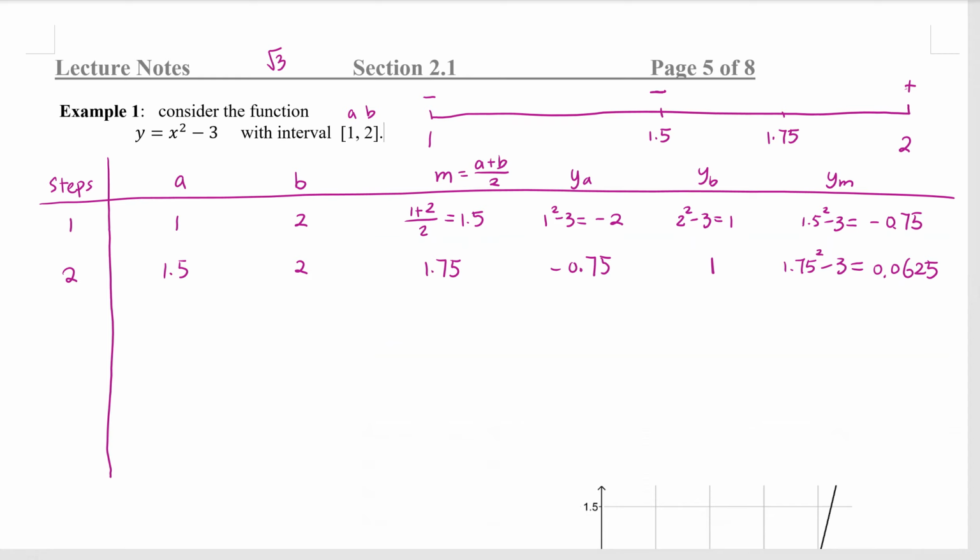So this is positive. See, this is positive. Now, which subinterval should we choose? This one, right? So the left endpoint is 1.5 and the right endpoint is 1.75, and this is the third step. And what's the midpoint?